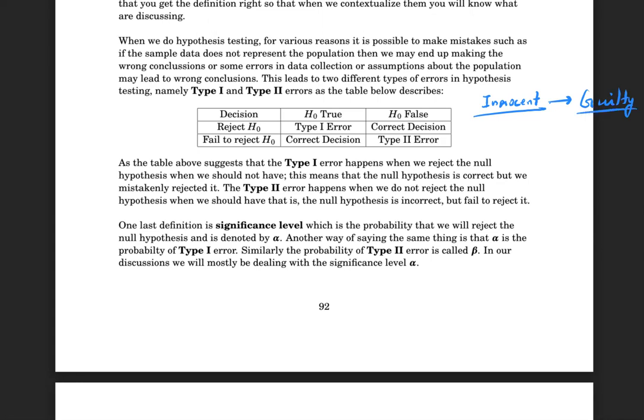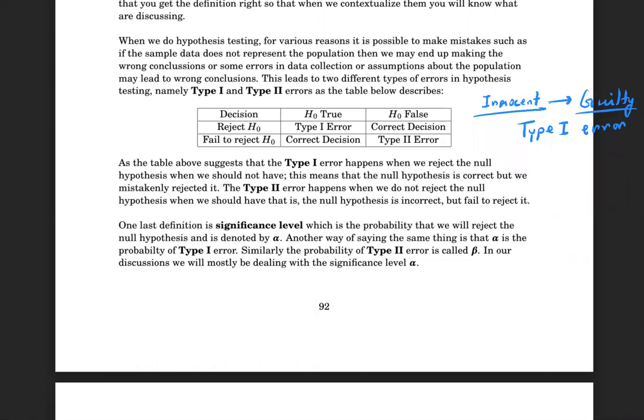You made an error. This is called type 1 error. Think of the justice system. That's an easier way to remember this. Somebody innocent, you send the person to jail. That means you made a mistake.